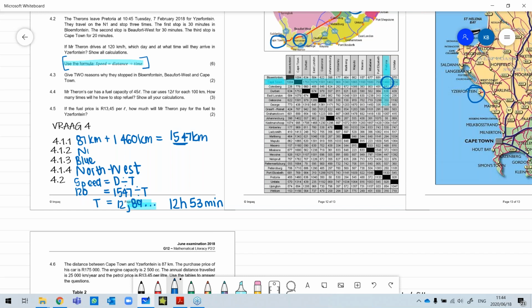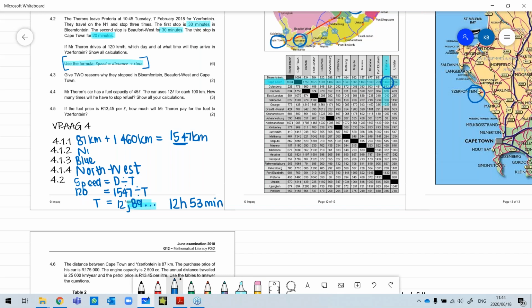They stopped an additional 30 minutes. Let's quickly get the highlighter. They stopped an additional 30 minutes in Bloemfontein, 30 minutes in Beaufort West, so that's an hour, and then a third stop in Cape Town, which is an hour and 20 minutes.